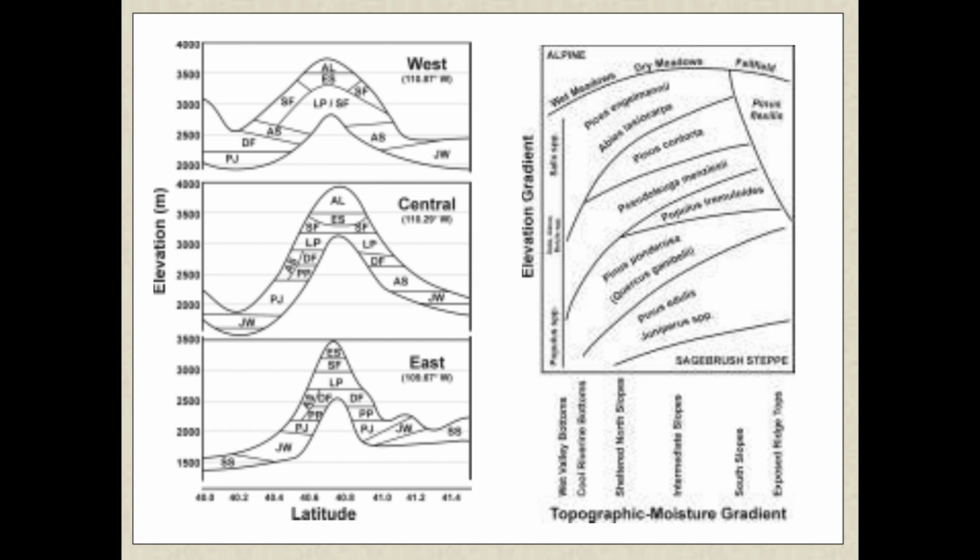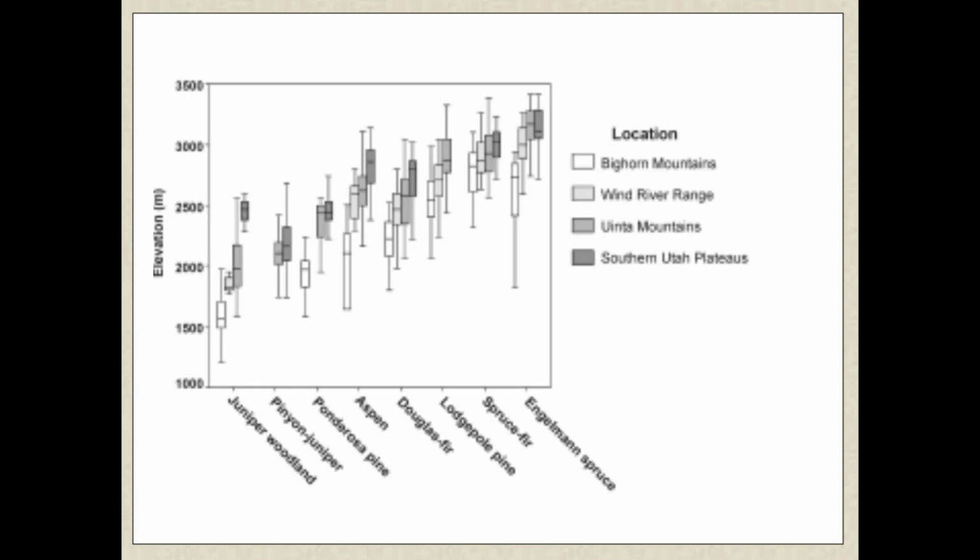That really controls moisture. Water is a big deal for us out here. And then elevation, which is also related to moisture, comes into play there. But you can see that some of these types, like the Engelmann spruce, subalpine fir up at the top here, depending on if it's a sheltered area down in the river bottom or something like that, could actually occur at a lot lower elevation than you would expect normally on flat ground.